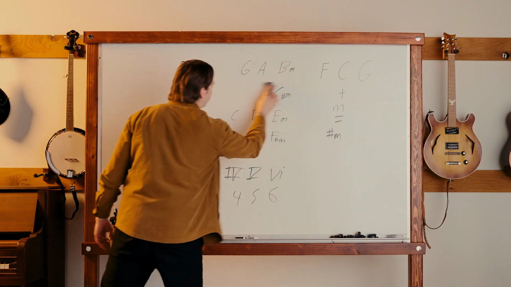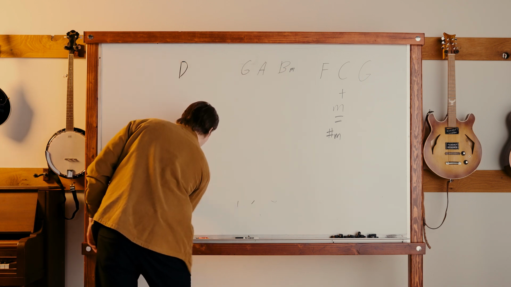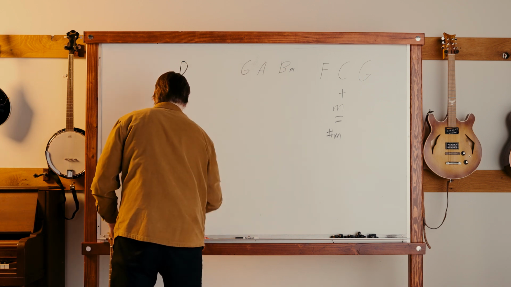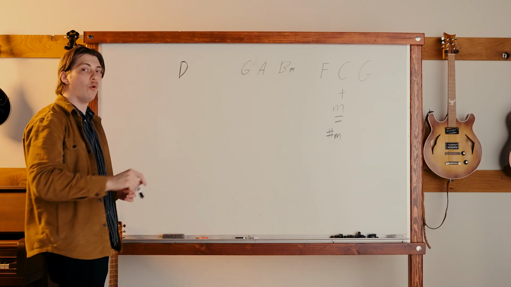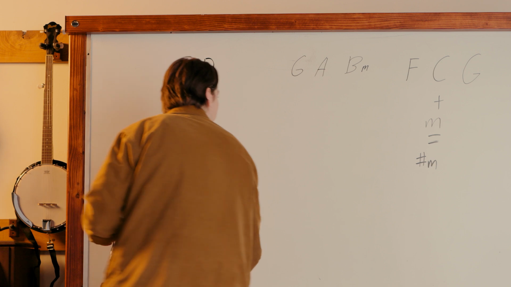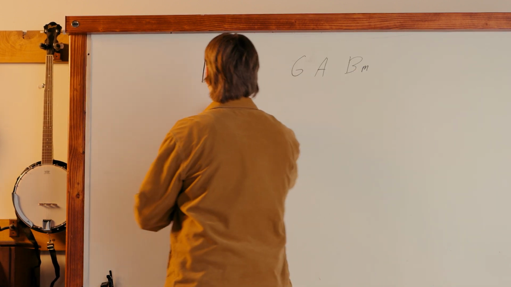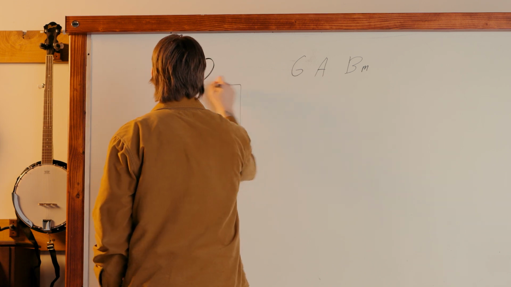And we're just going to learn the key of D right now, okay? We're going to learn the 1, 4, 5, 6 in the key of D, okay? I'm going to erase this over here too, and I'm going to write out some chord diagrams for you guys, okay? So here we go.